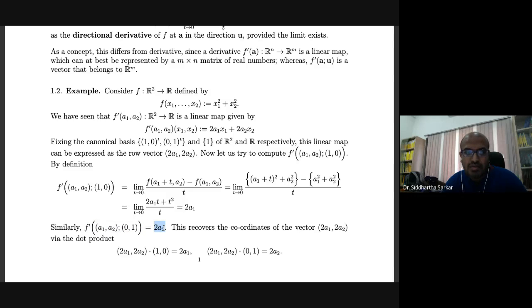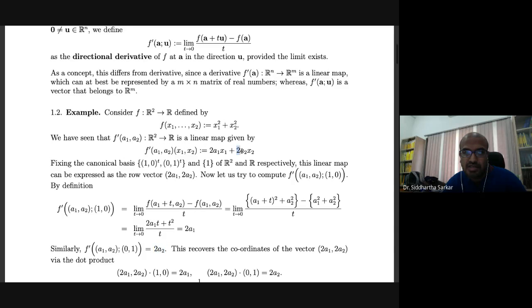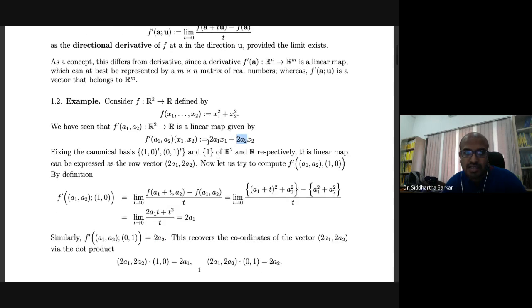Along the y-axis you are getting the coordinate 2a2, and along the x-axis you get the coordinate 2a1. Remember that this being a linear map, I can always write it down as the pair of vectors 2a1 comma 2a2. This is the matrix representation of that linear map if you take the canonical basis elements.